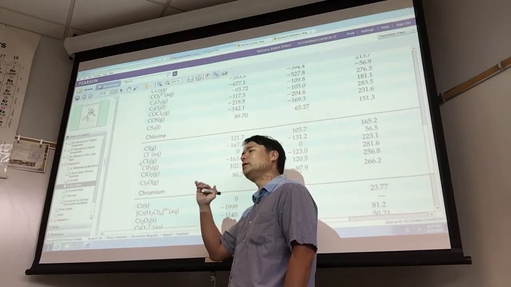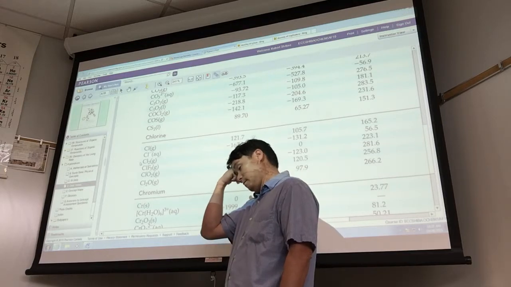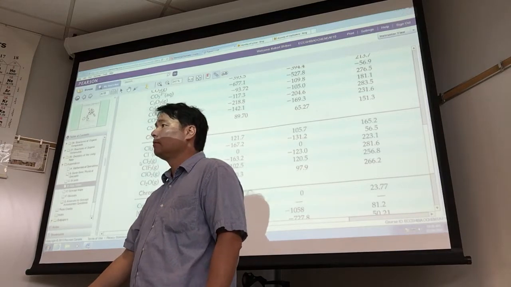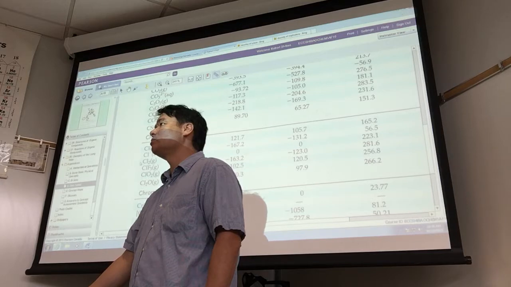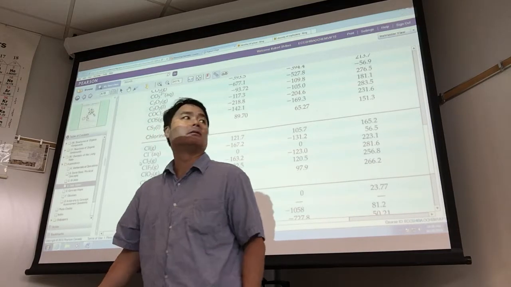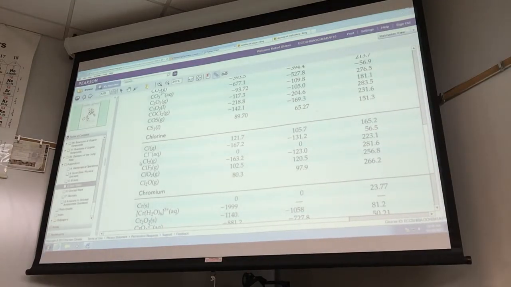What's a 0 point for the cations? What's 0 kilojoules for cations? For cations, the 0 point is defined as H plus formation.